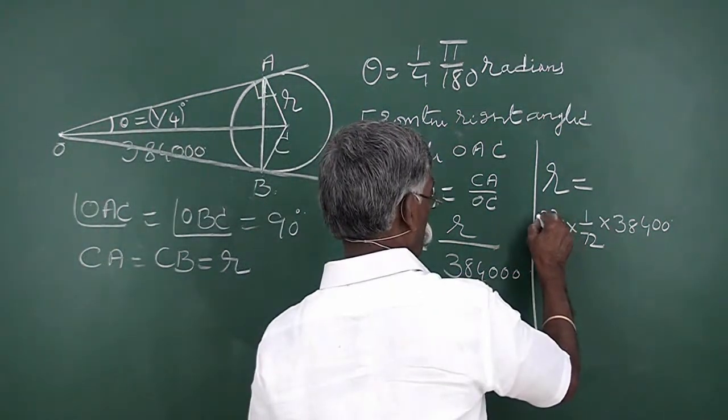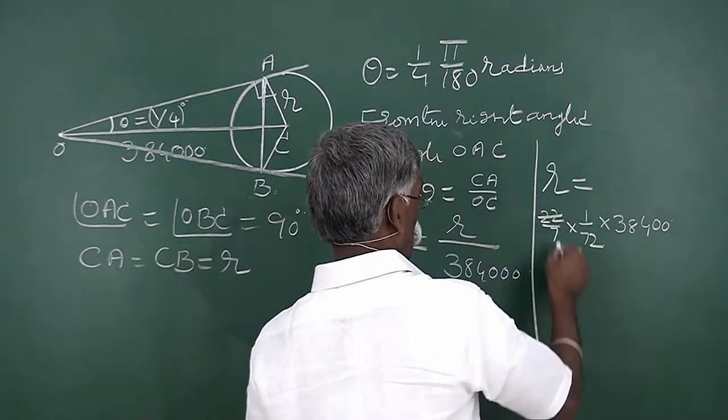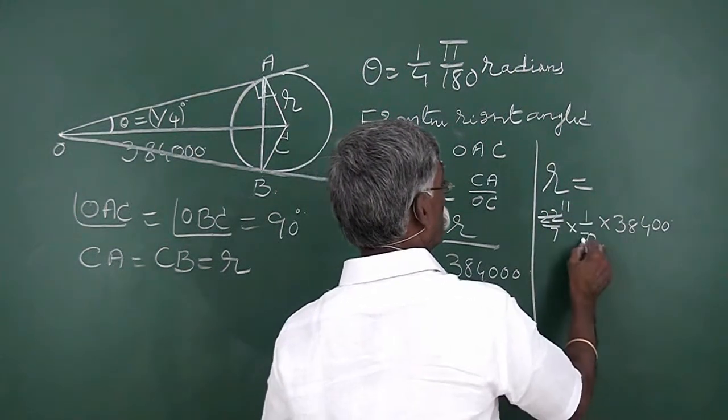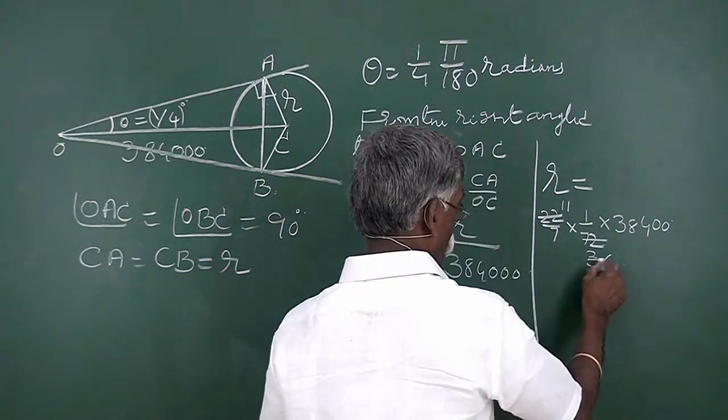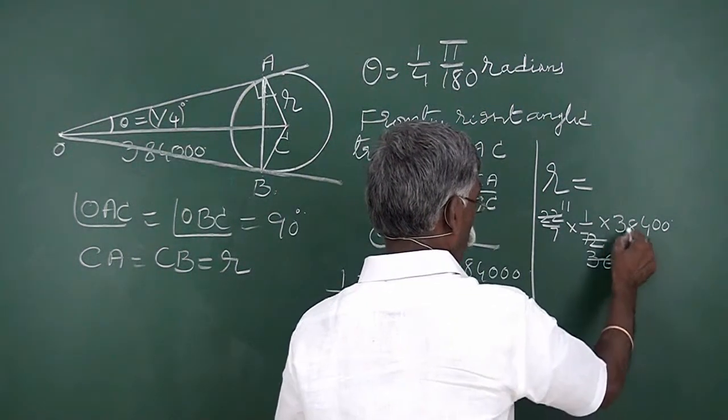So here 2 11s, and 2 goes 36 times here and 2 goes 18 times here.